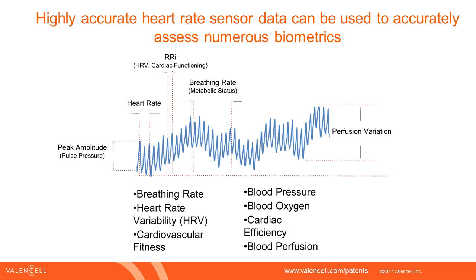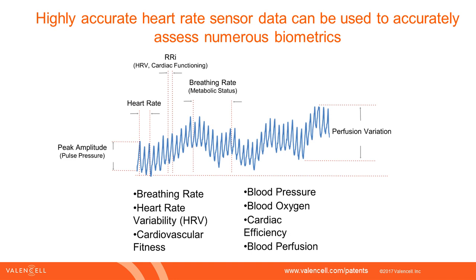The longer frequency changes, in the envelope function between these peaks, are indicative of your breathing rate. And these sweeping DC level changes are indicative of your perfusion variation, how that's changing over time.